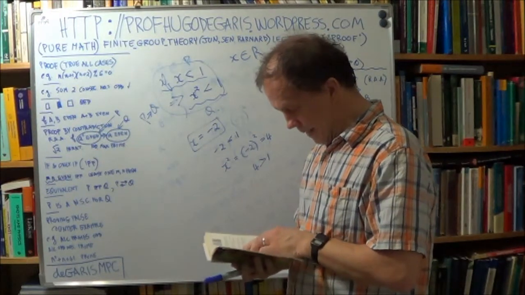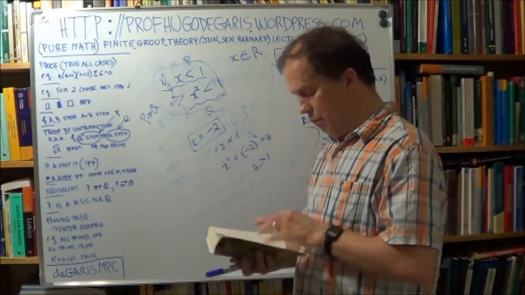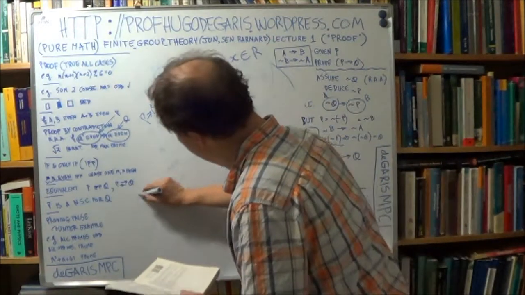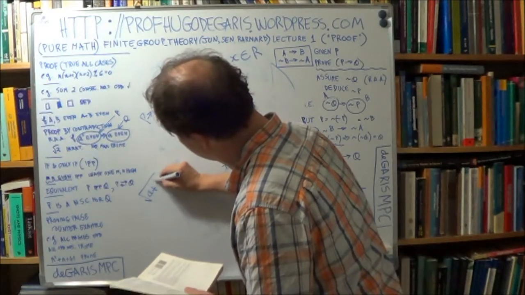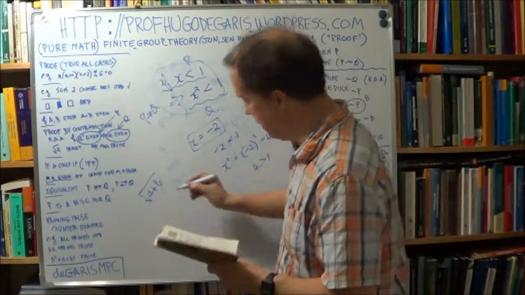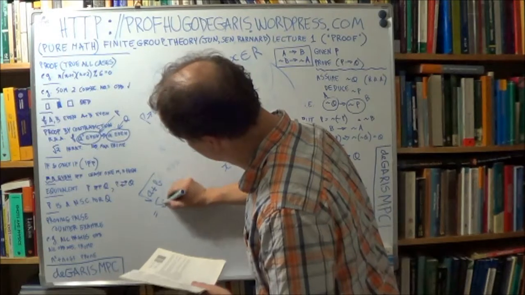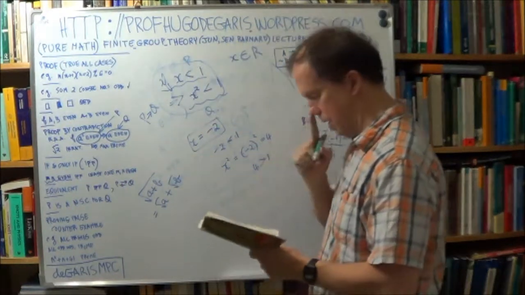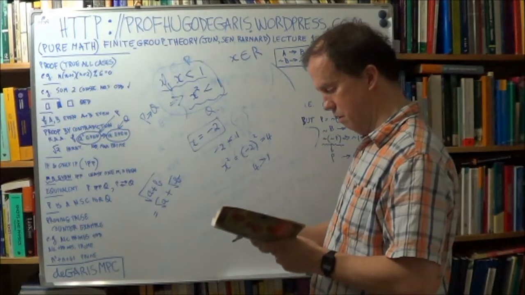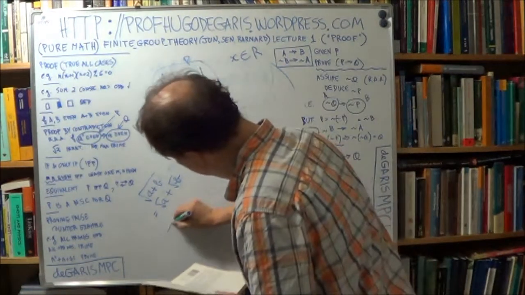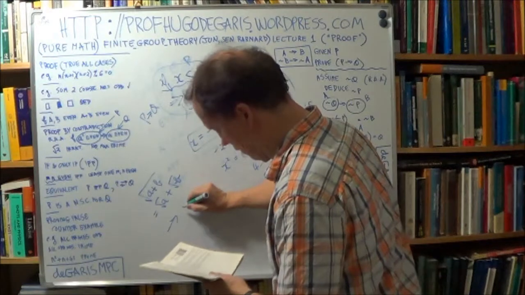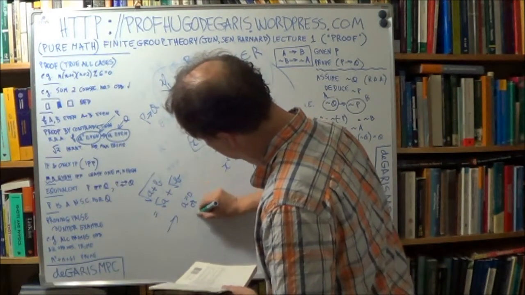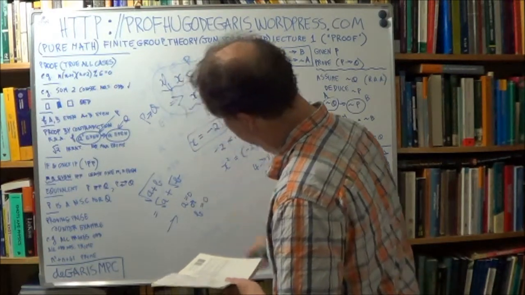All right. Another one. Prove if the square root of a plus b equals the square root of a plus the square root of b, if that's true, then that implies that a is naught or b is naught.